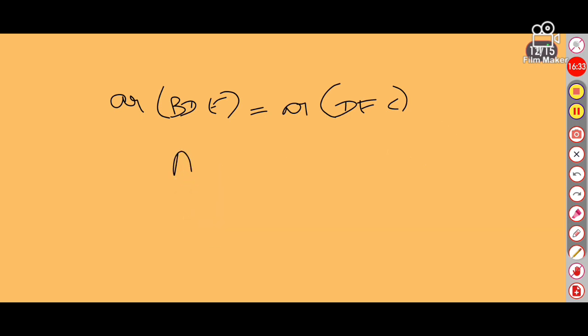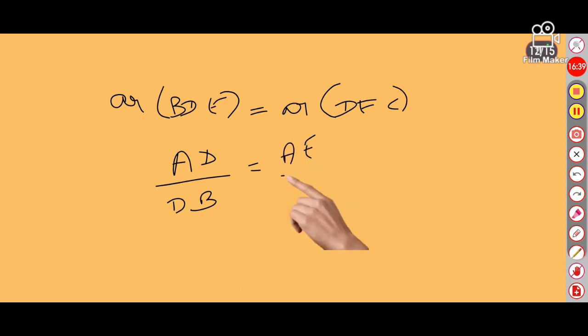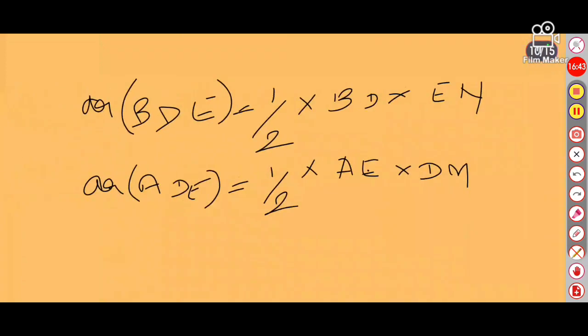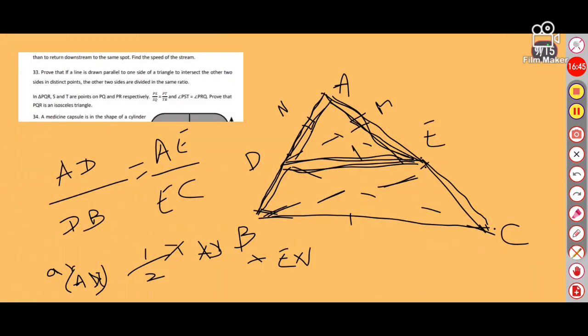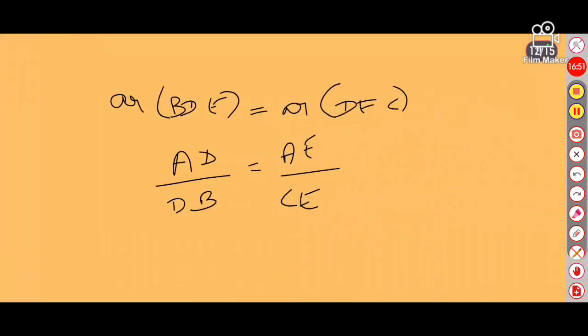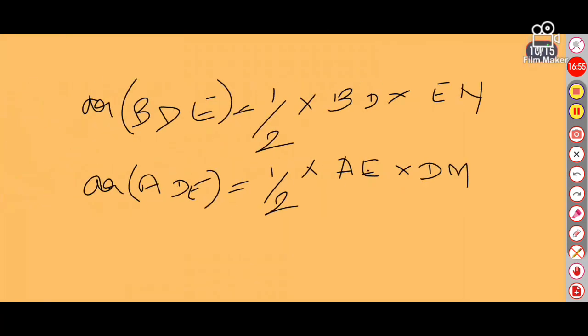Therefore, AD by DB will be equal to AE by CE. This is what we were asked to prove in that question. So we have got AD by DB equal to AE by CE. Therefore, this theorem has been proved, right?